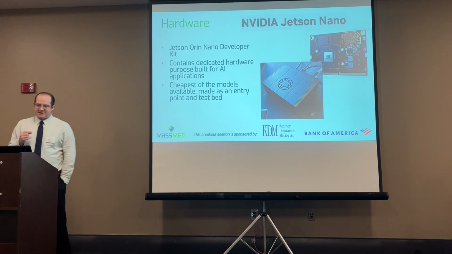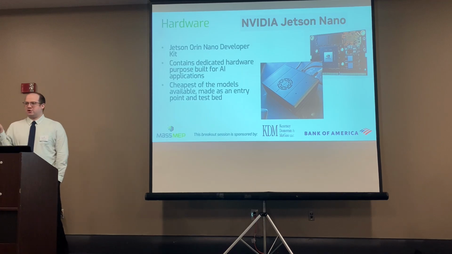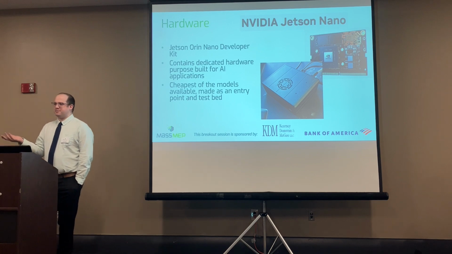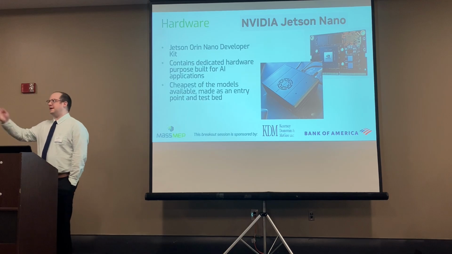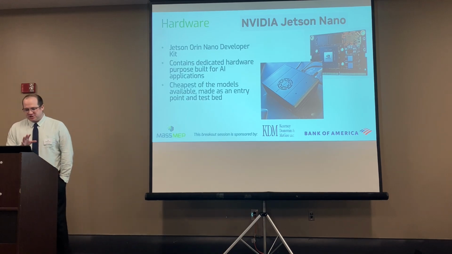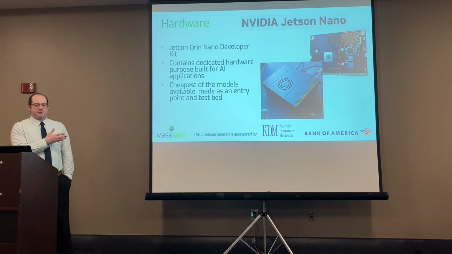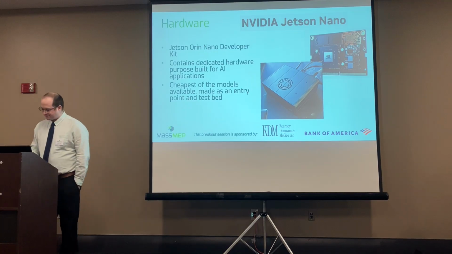Each one of these boxes contains dedicated hardware purpose-built for AI applications. So it won't run Chrome without a little bit of coaxing, but you can give it an AI model and it'll take it and run it until you run out of power. This is the cheapest of the models. This is a developer kit. The photo here is the actual model on my desk back at my house.